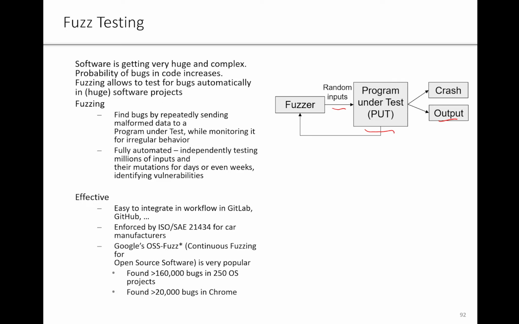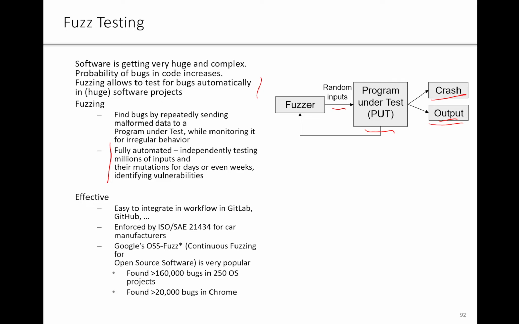And what fuzzing does is test for bugs automatically in software projects by fully automatically sending millions of inputs and their mutations for days or even weeks into the program and checking, does it give some output or does it crash? It will not verify the output, it will not rerun the program and check whether the result is correct or not, but it checks whether the program crashes.